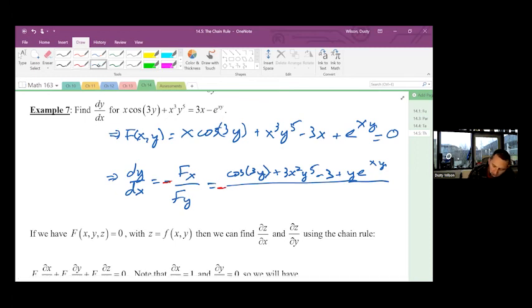And this is divided by the partial derivative of big F with respect to y, which would be negative 3x sine 3y plus 5x cubed y to the fourth plus 0 plus x e to the xy. Boom, implicit differentiation in 2 steps, much easier than before.